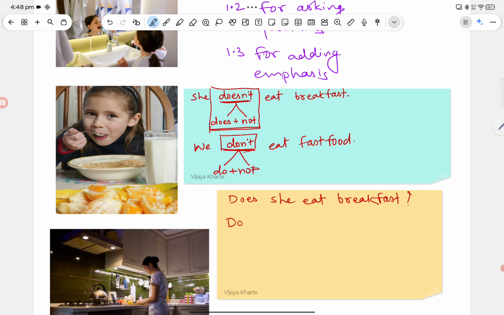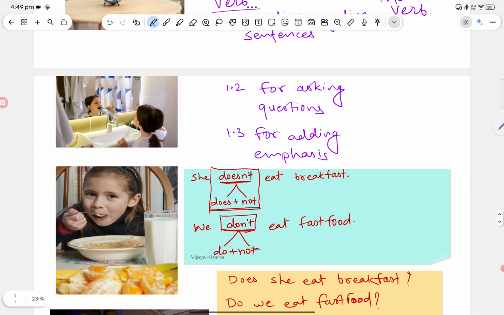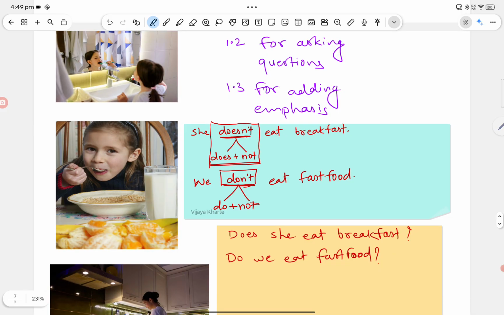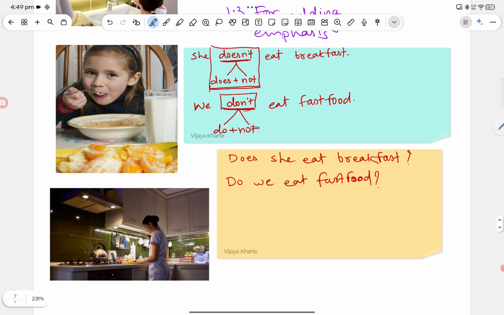Next, do we eat fast food? Such interrogative sentences we can form with the help of do or does in simple present tense for asking questions. Now, how should we add emphasis? By using do or does in simple present tense. Let us see that also.